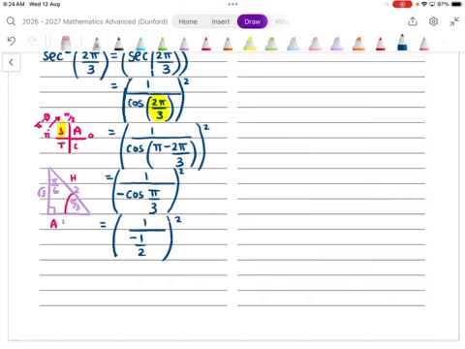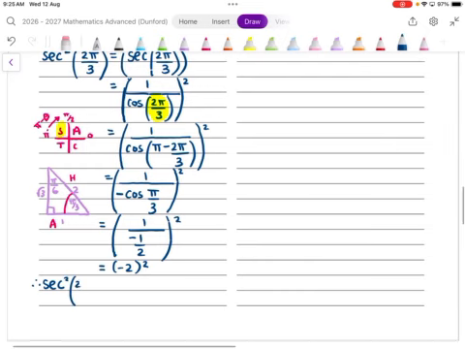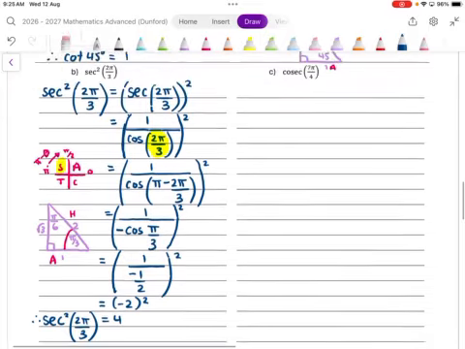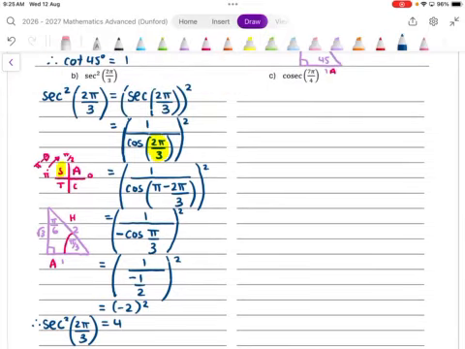What's 1 divided by a half? It becomes 2. So we have negative 2 all squared. And what's negative 2 all squared? 4. So that means sec squared 2 pi on 3 is just equal to 4. Does that make sense?